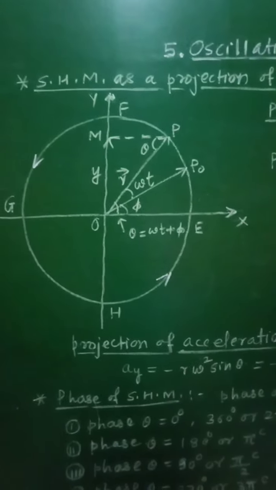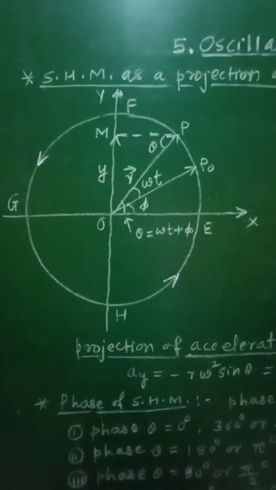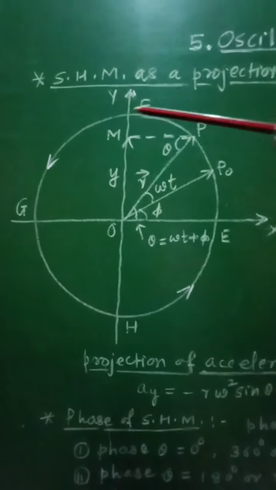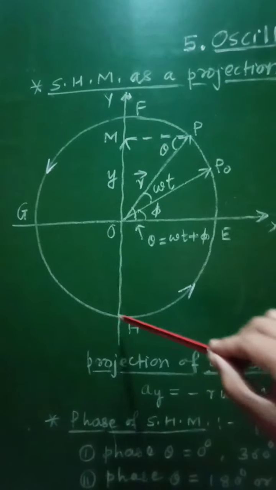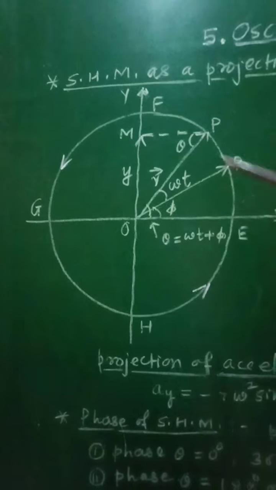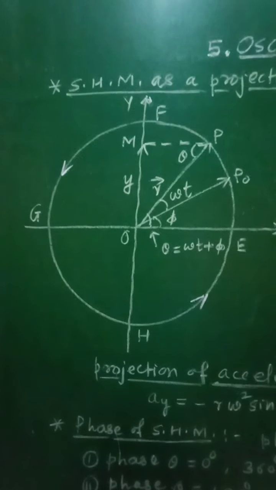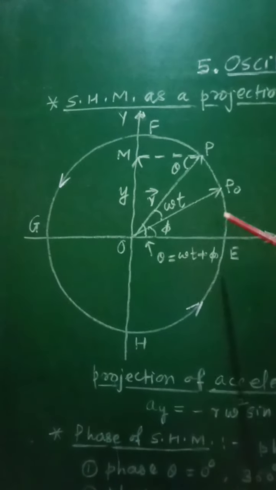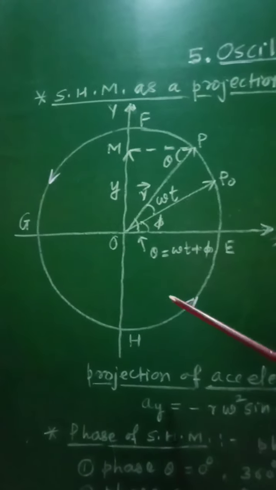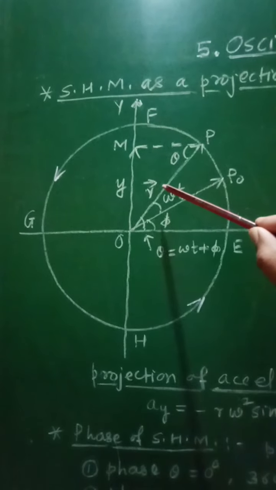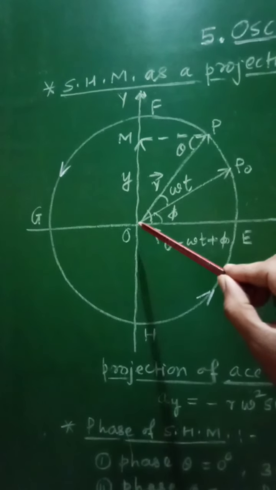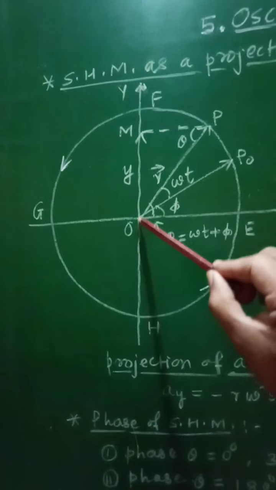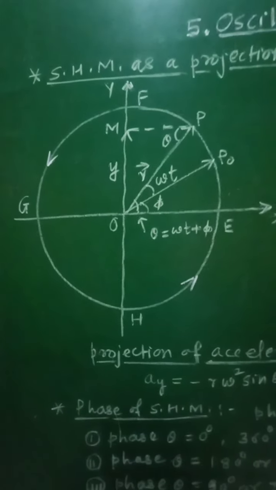In order to prove this SHM as a projection of UCM, let us consider an anticlockwise uniform circular motion of a particle P along the circumference of this circle of radius equal to r and center O, which lies at the origin of this coordinate system.